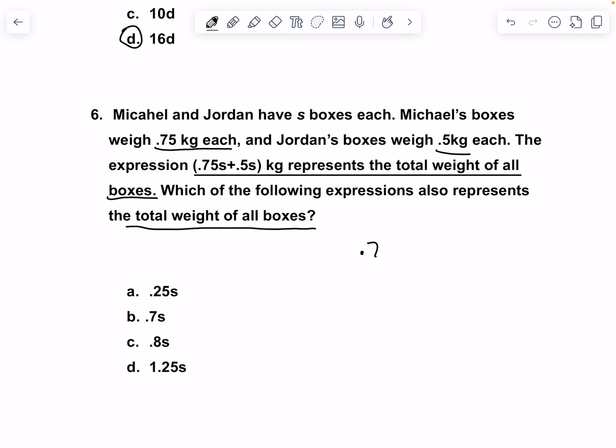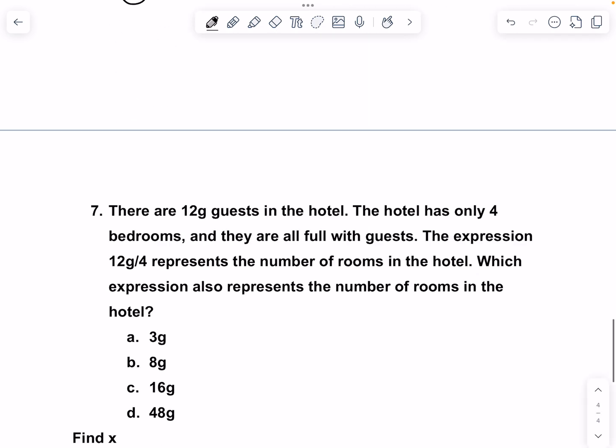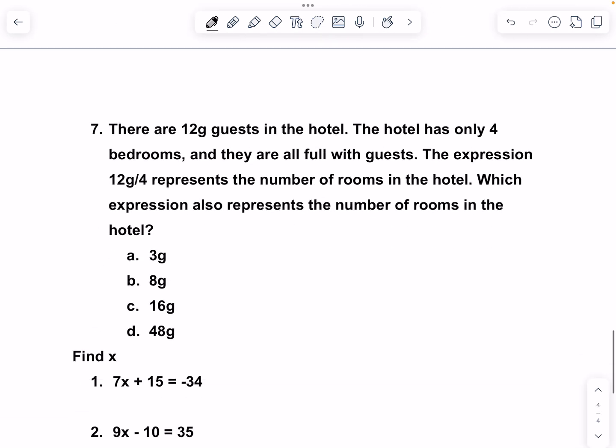So we just add 0.75S plus 0.5S, and since they are like terms, we can add these together, and that would be 1.25S. And since they're equal, this also represents the total weight of all boxes. So the answer would be D.